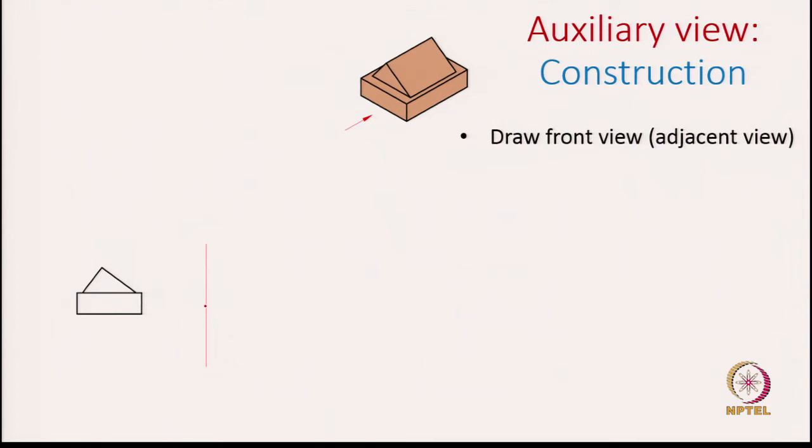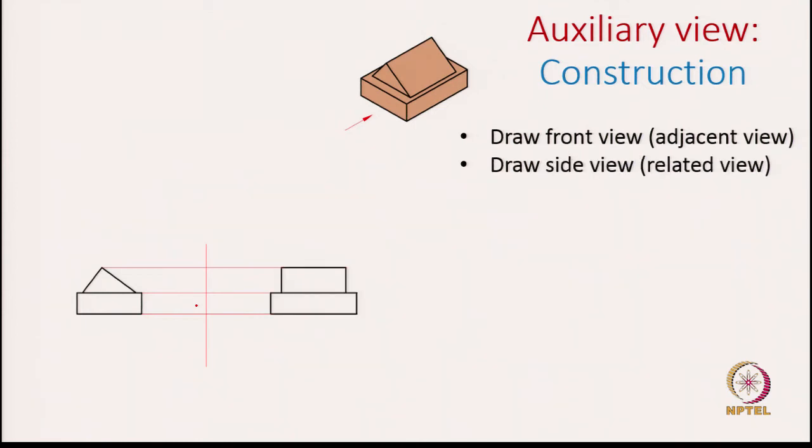This is the reference line about which we rotate the front view and the side view, and then draw the projectors from the front view to help us draw the side view. So, once we draw the side view, we also got the related view which will help us in the dimensions for auxiliary view. So, the next thing is we draw a reference line.